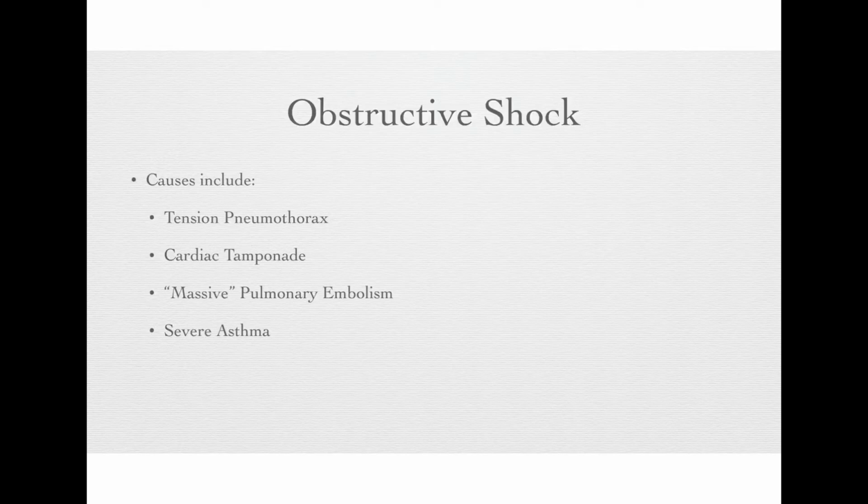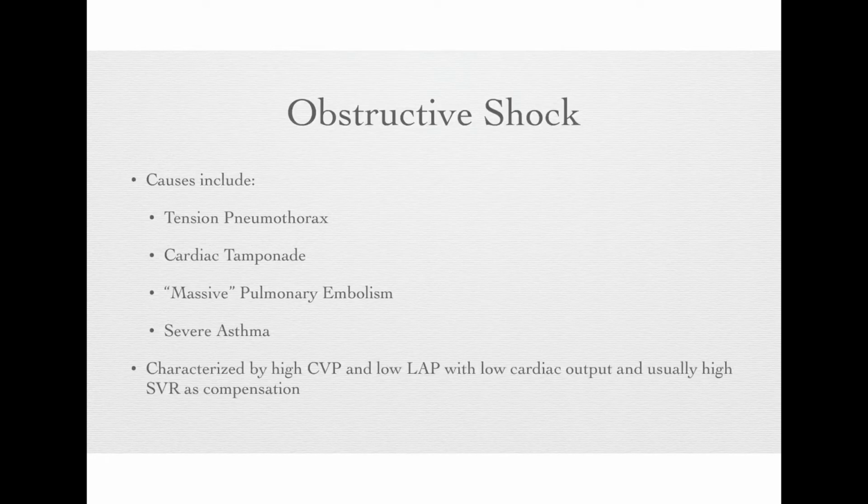Again, all of these conditions prevent blood from properly crossing from the right ventricle through the pulmonary circulation into the left ventricle, and so the left ventricular preload significantly drops, even though the patient's volume status could be normal. So they're characterized by high central venous pressures with low left atrial pressures, low cardiac output, and again, high systemic vascular resistance as a compensatory mechanism.